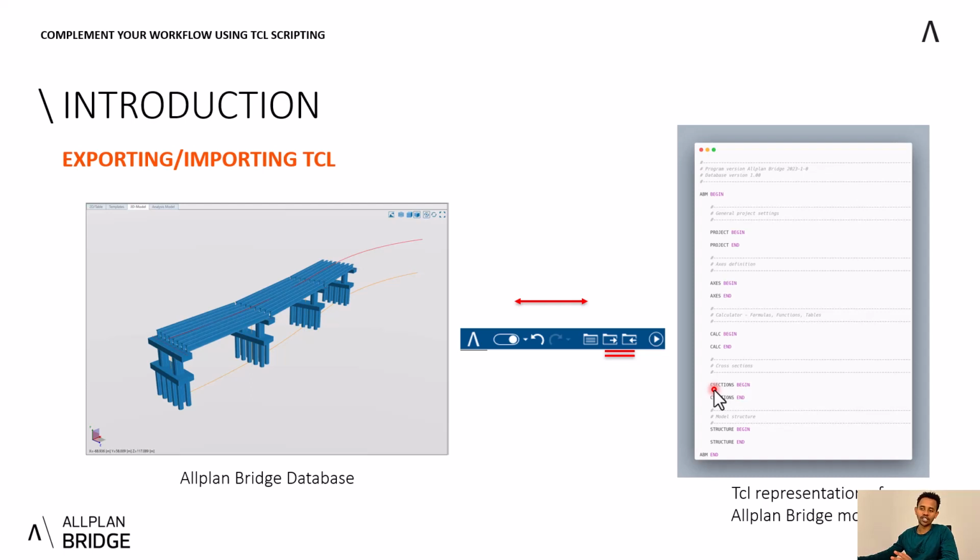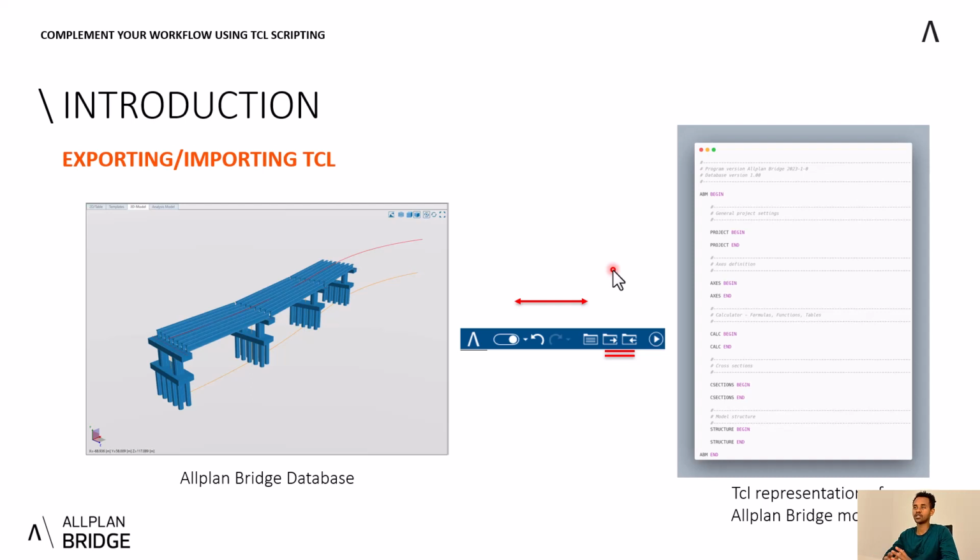For a given model that we have, it could be any model from the Allplan Bridge database, we can export it using the icons that we have at the top. We can export this into a TCL, so the TCL will be a representation of this model. Of course, you could add, change, or do anything in the TCL, and when you import it back, this representation would be based on the TCL that you imported.